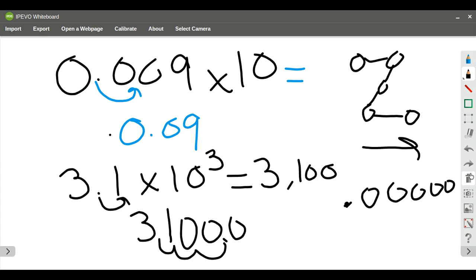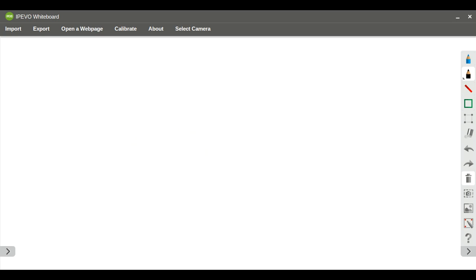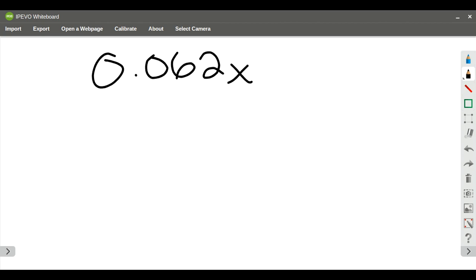Okay, so let's take a look at another one of those. So I'm looking at problem number 4. I have 62 thousandths multiplied by 10 to the second power. So again, I'm going to use those arrows to help me. That's that scaffolding piece. I'm going to move it over the amount that my exponent tells me to.